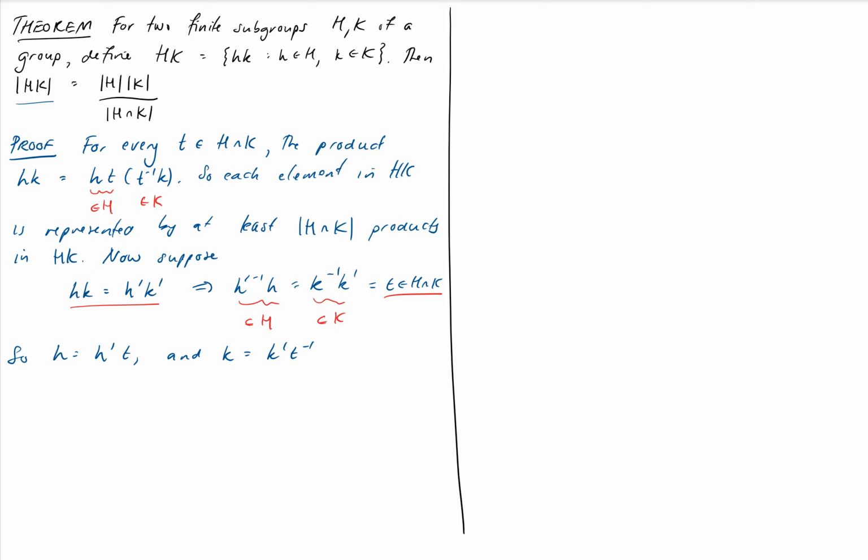Alright, thus each element of HK is represented by exactly the order of H intersection K products, and the result follows.